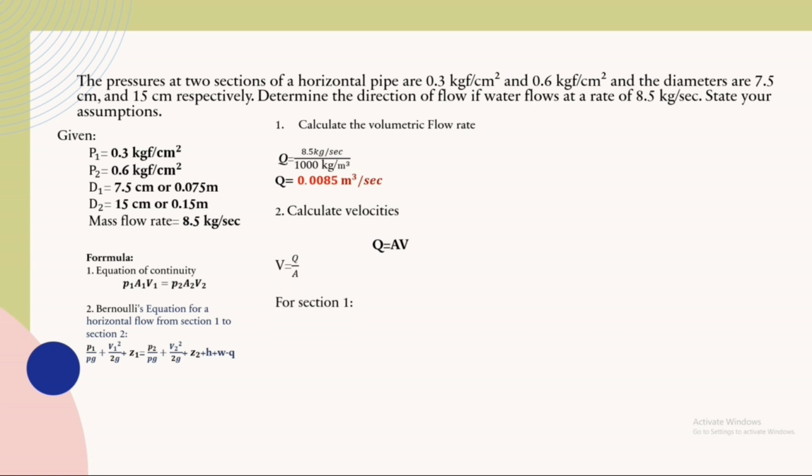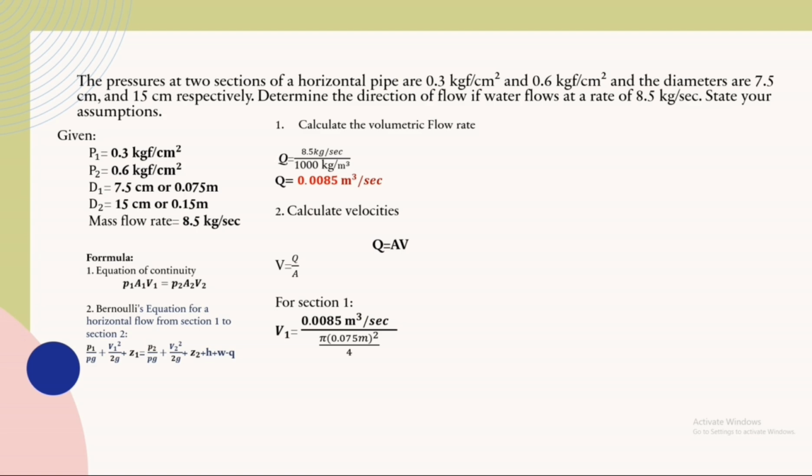For section 1, flow velocity is equal to volumetric flow rate over the cross-sectional area of the pipe. Now let us input the volumetric flow rate, which is 0.0085 cubic meter per second. For the cross-sectional area of the pipe, we have the given diameter for section 1, 0.075 meter.